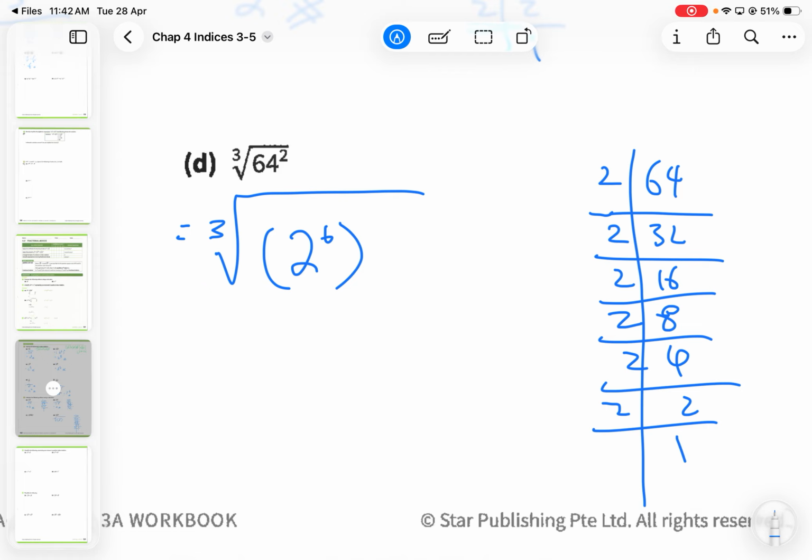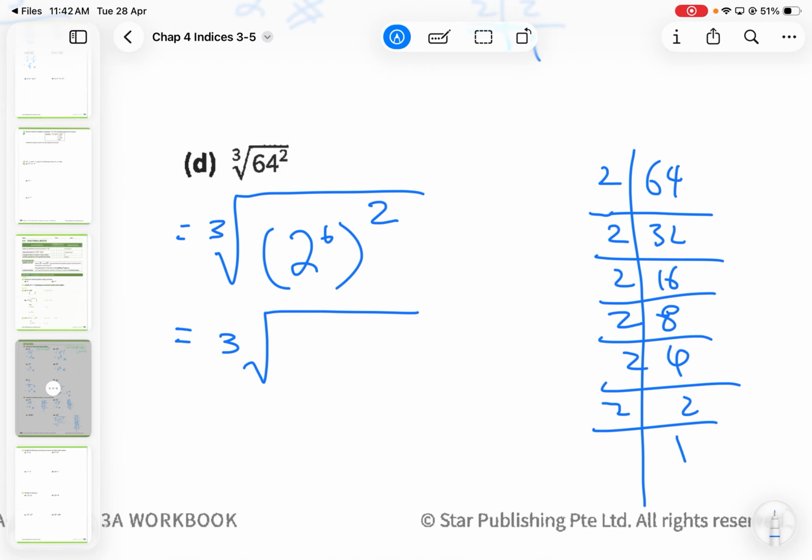Okay, 64 is being squared inside the cube root. So I have written 64 as 2 to the power of 6. 64 is being squared means my 2 to the power of 6 has to be squared. So what is the square of 2 to the power of 6?